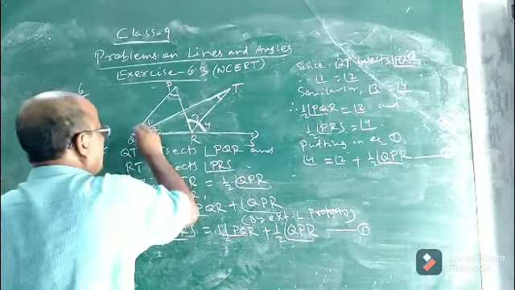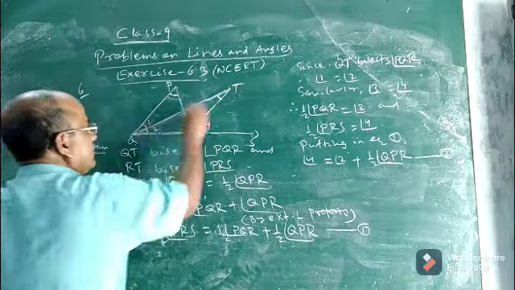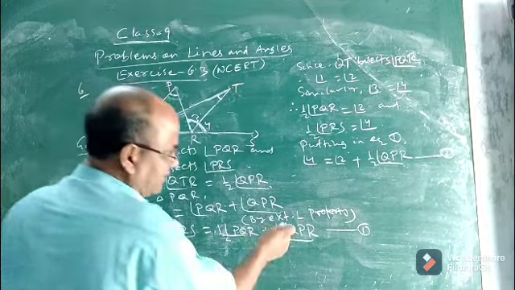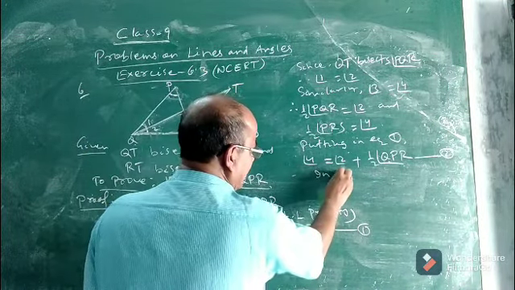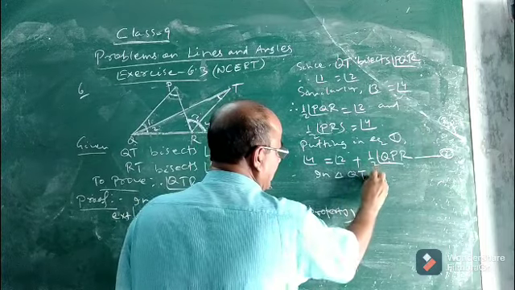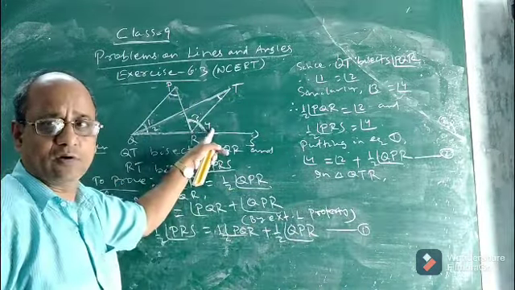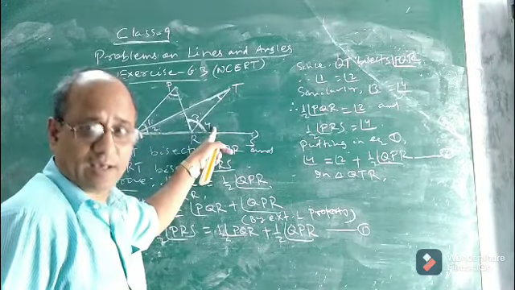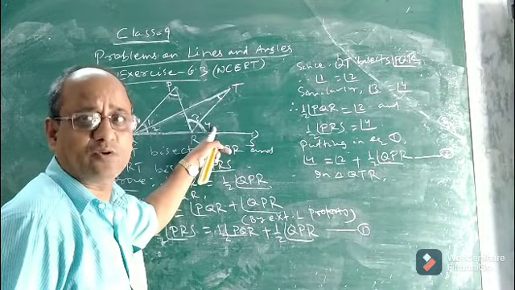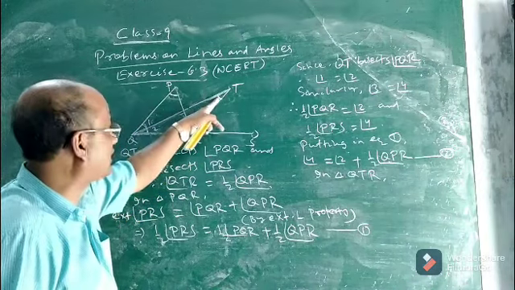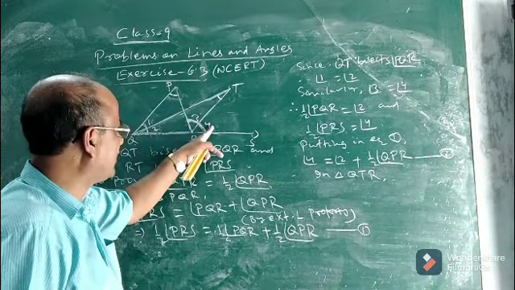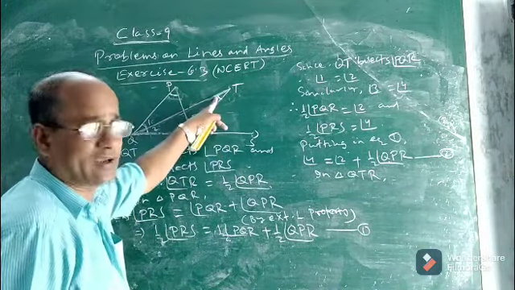Now children, if you look minutely, look at another triangle. There is another triangle also, QTR. Now in triangle QTR, look at angle 4. Angle 4 is what angle? It is exterior angle. Which are the interior opposite angles? Angle 2 and angle QTR.